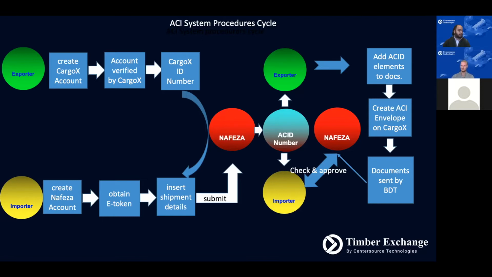This ACID number, a 19-digit unique number, will be assigned to each shipment. So it's a unique number for each shipment. This is the total promise from NAFISA: it will be issued in 48 hours from the submission time.